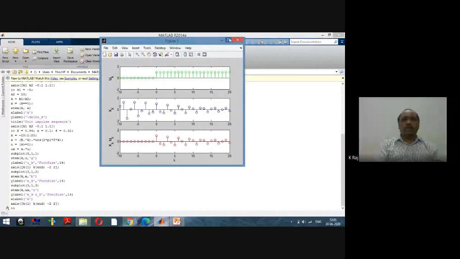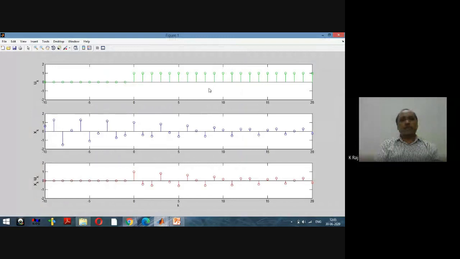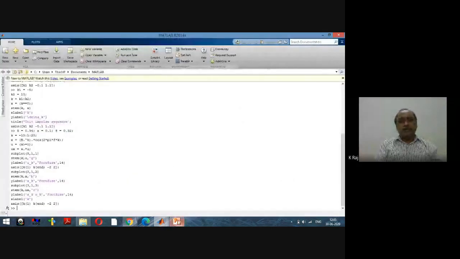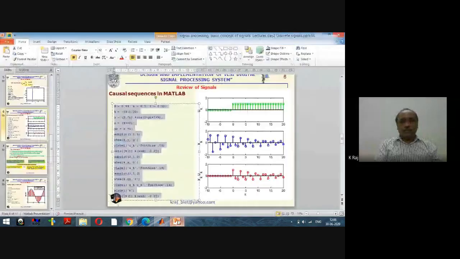The same sequences will be generated here. That is the unit step sequence uk, the exponentially cosinusoidal damping function xk, and then the multiplication of xk and uk having the same range, and on the x-axis we have written the k, on the y-axis it is the different names for the different functions. Okay, so similarly we can consider other functions.